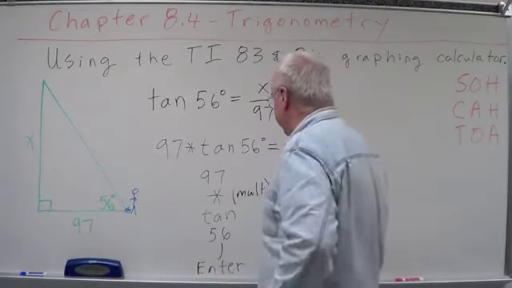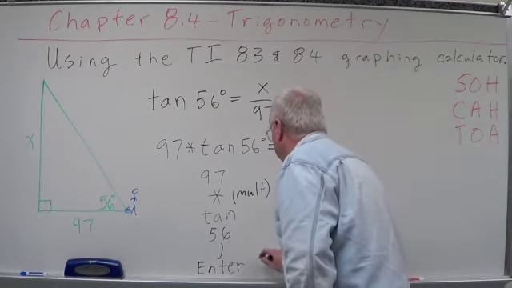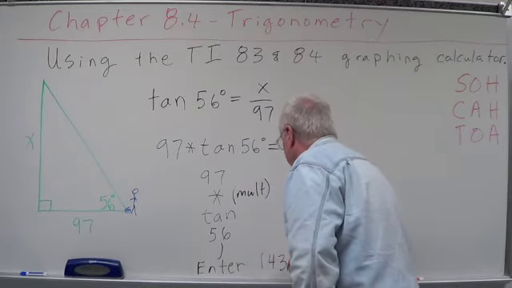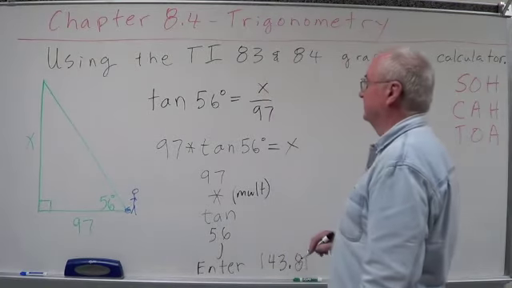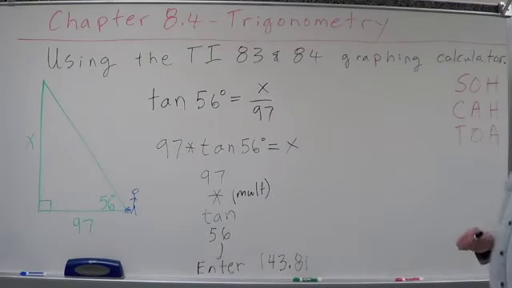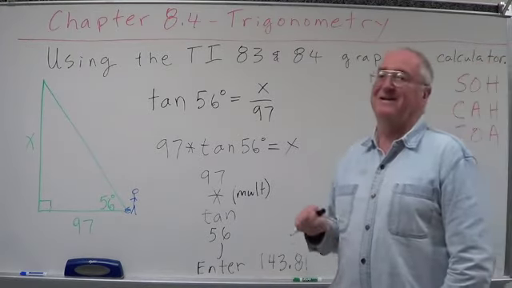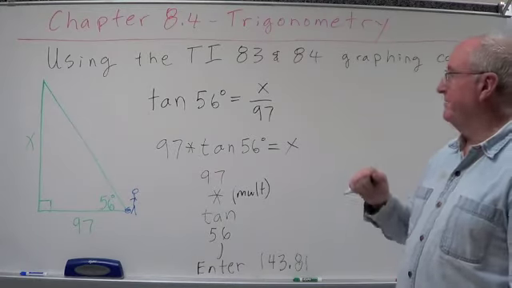And you should get 143.81. You should get 143.81 to 2 decimal places. Make sure your calculator is in degree mode.